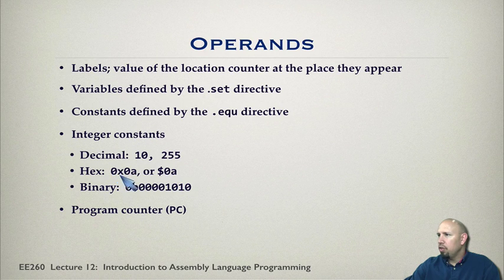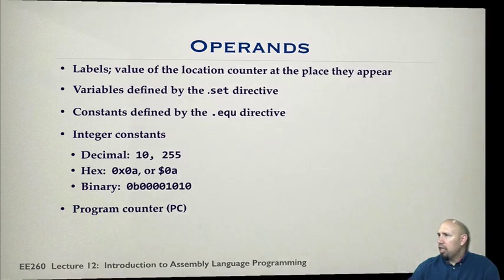Incidentally, for hex, you can use either the 0x notation or the $ notation. And then the other thing you can put in is the program counter. So any register, for example, can be listed by its address, or by a label, or by a variable. And then the program counter can also go into an operand.